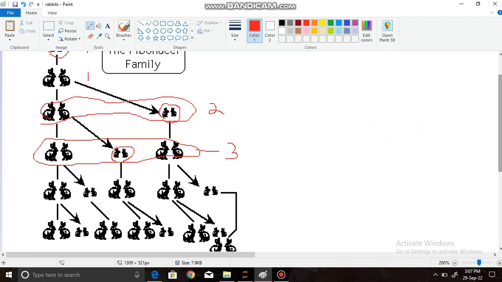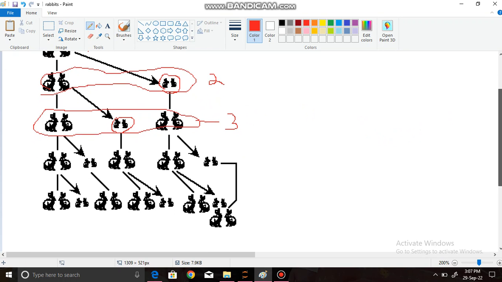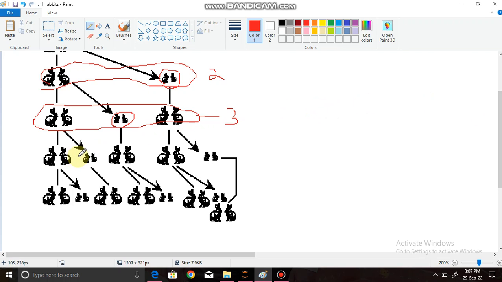So these two pairs of adults again give birth to two pairs. This parent pair gives birth to one pair and this one also gives birth to another pair. Meanwhile, the young rabbits in the preceding litter become adult rabbits over here.